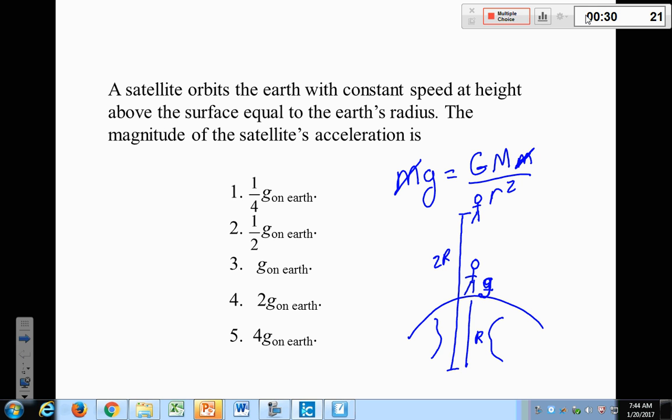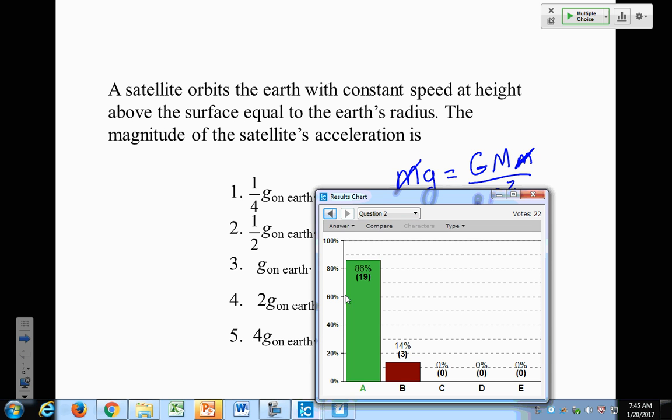But think about how it changes. I'm going to stop at 37. Just 2 more seconds. Okay, that's good. A is the right answer there.